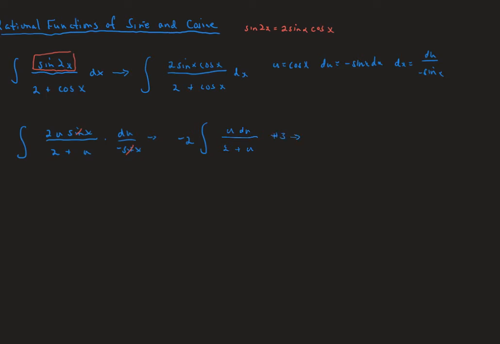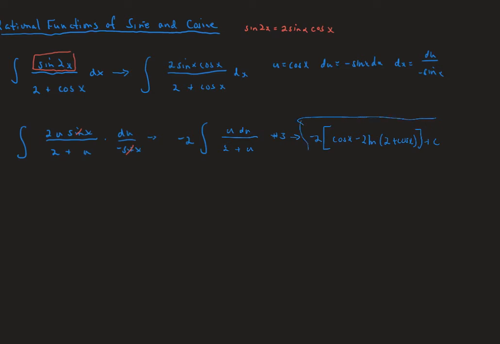And so when we do that, we're going to get the negative 2. And then according to the formula, that's going to be our u, which is cosine x, minus 2 natural log of 2 plus cosine x, plus c.